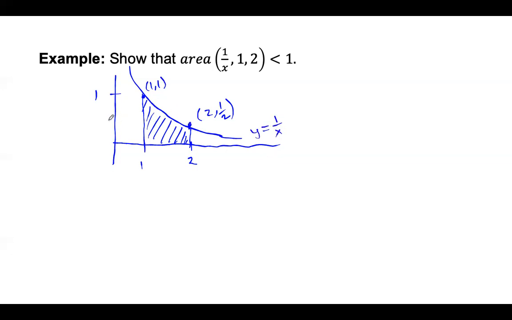This point might be a little higher. So we're going to claim that the area of this region is less than 1.